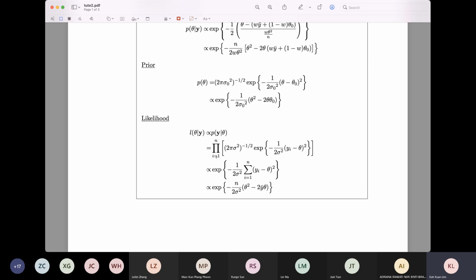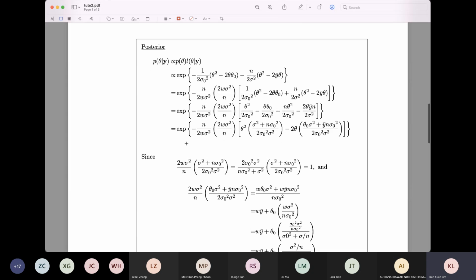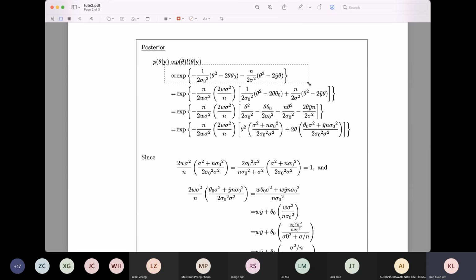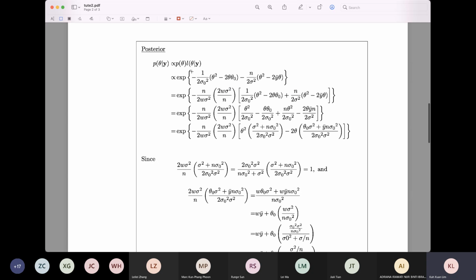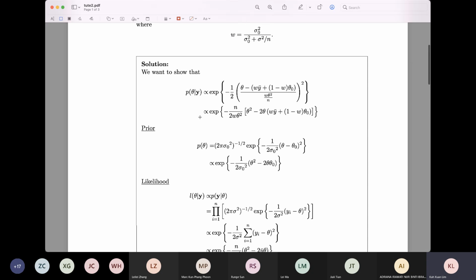After simplifying, we get this. Then we can multiply them together to get the posterior. Let us take a look at how we want the final kernel to look. It's something like this.